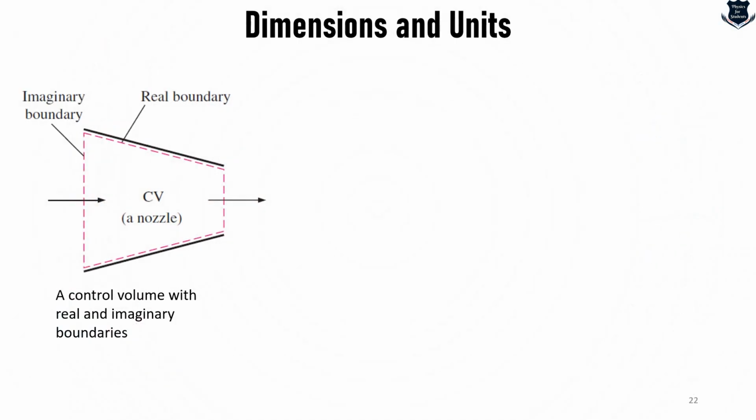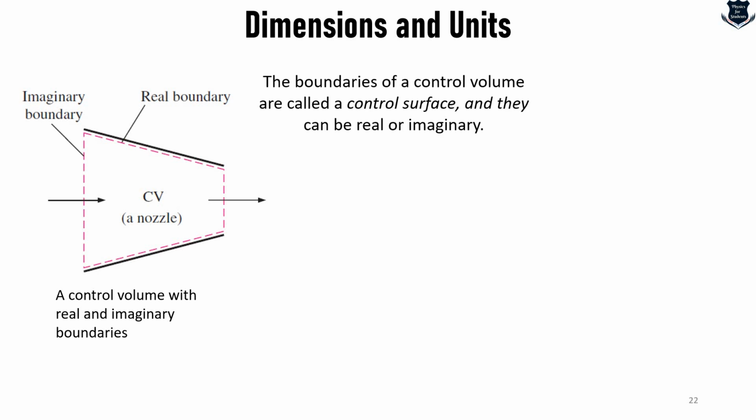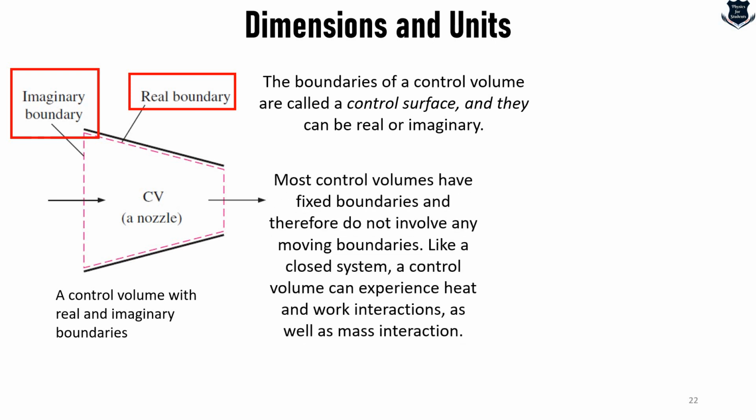The boundaries of a control volume are called the control surface, and they can be real or imaginary. Here you can see the boundaries of the control surface. In the case of a nozzle, the inner surface of the nozzle forms the real part of the boundary, and the entrance and exit areas form the imaginary part, since there are no physical surfaces.